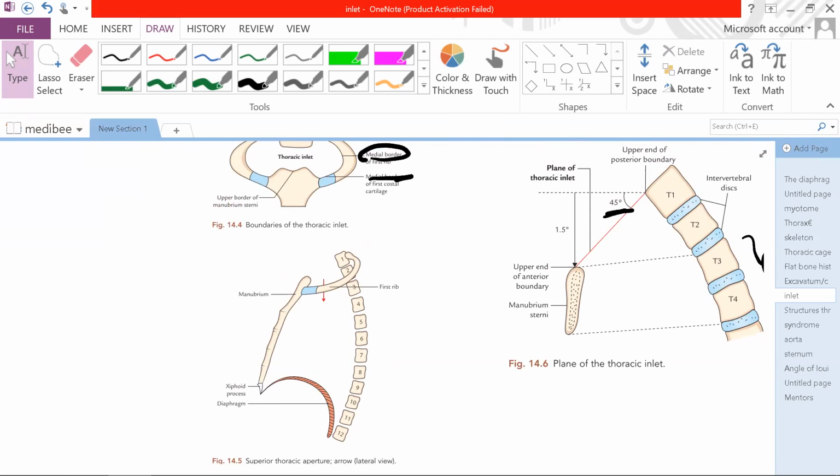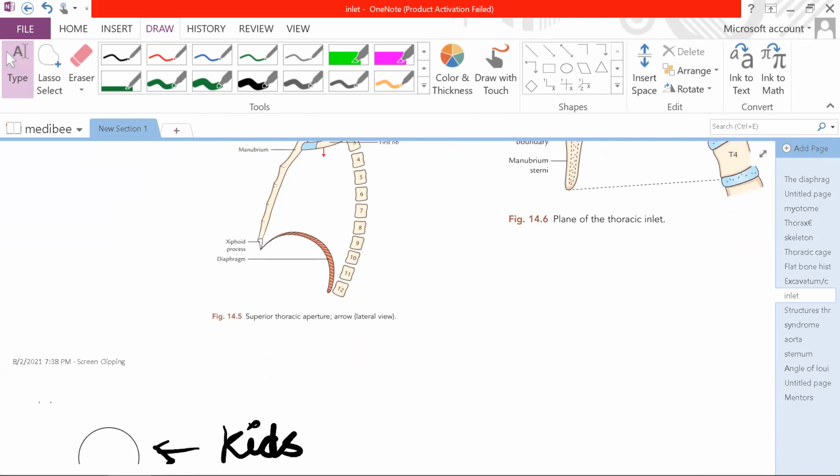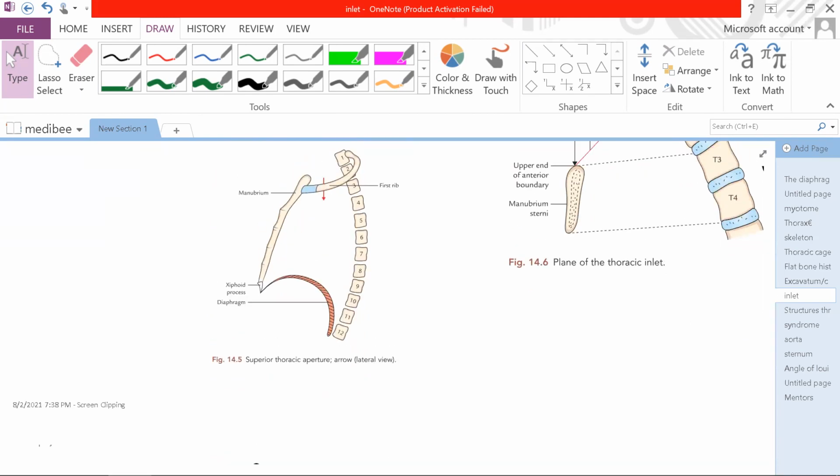You say the superior border of the manubrium and so on. The follow-up question may be about its morphological importance: if I give you an X-ray of a thoracic inlet, can you differentiate whether it belongs to a kid or to an adult? There is a difference, and through the thoracic inlet you can differentiate whether the X-ray belongs to an infant, a kid or an adult.